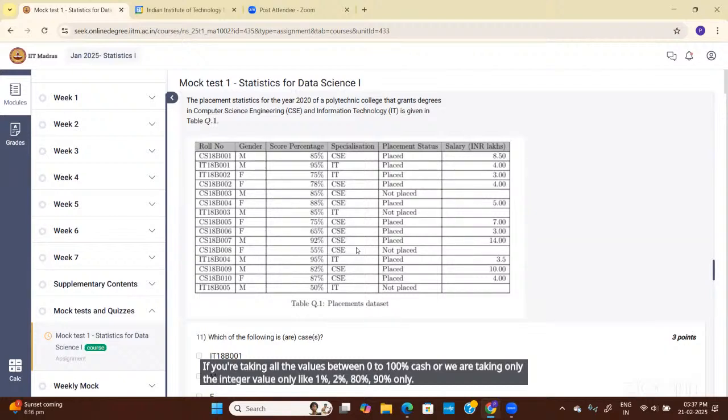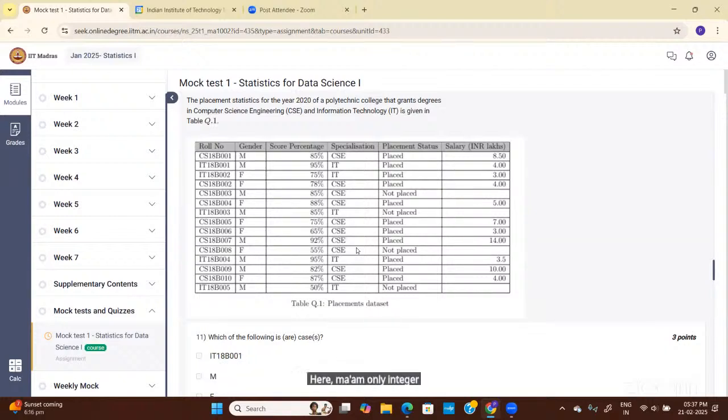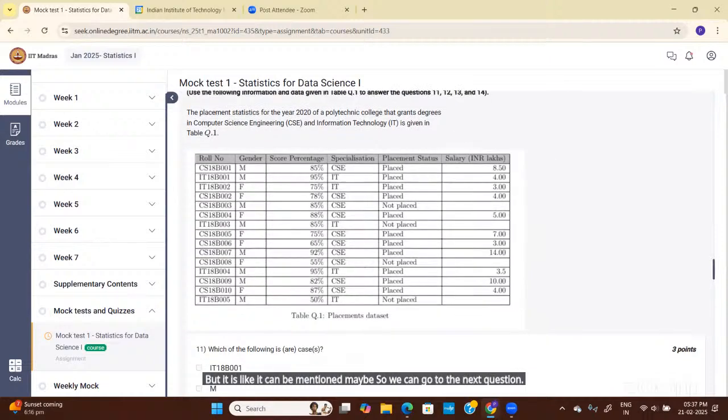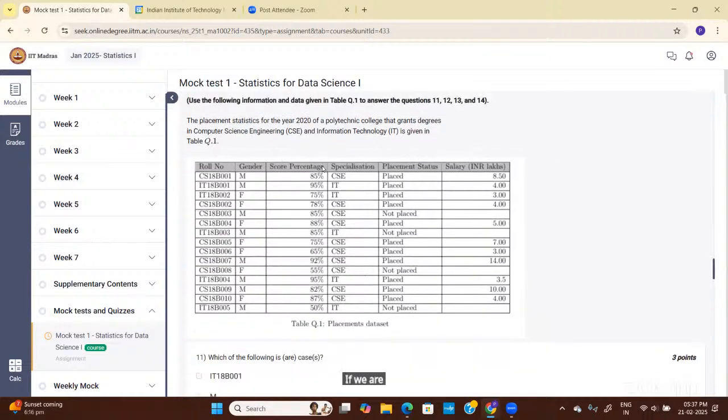Here, only integer values have been taken in this data set, but it can be mentioned. So we can go to the next question. If we are defining percentage in a different way, then it will be mentioned. Otherwise, percentage will be a continuous variable.